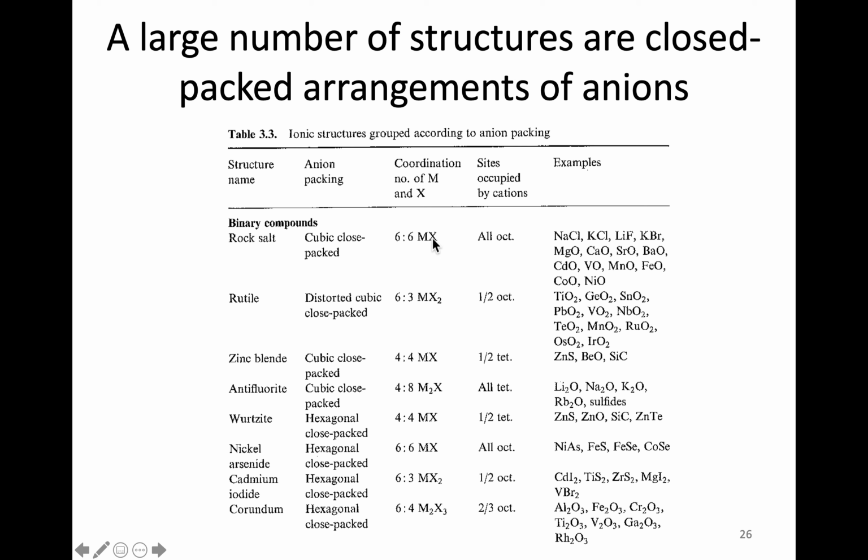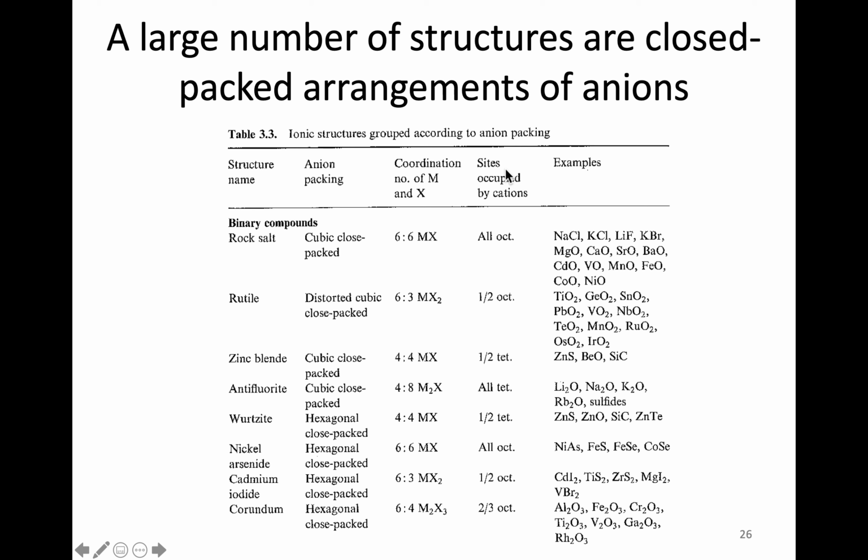We talked about the Pauling's rules and how you get those anion and cation, or metal, non-metal coordination numbers. So 6, 6, 3, and so forth. And then the stoichiometry. Do we have a 1-to-1? Do we have a 1-to-2? Do we have a 2-to-1? All of the different stoichiometries are shown in this column. And then this next one says sites occupied by the cation.